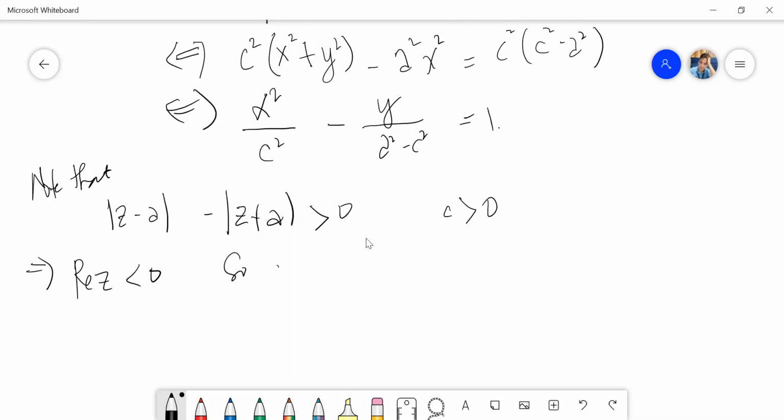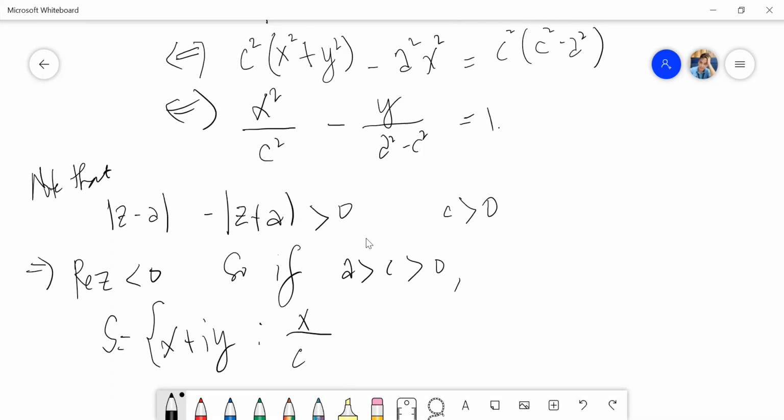So if your a is greater than c and it's greater than 0, we would have S equals x plus iy such that x squared over c squared minus y squared over a squared minus c squared equals 1. So this is now your set.